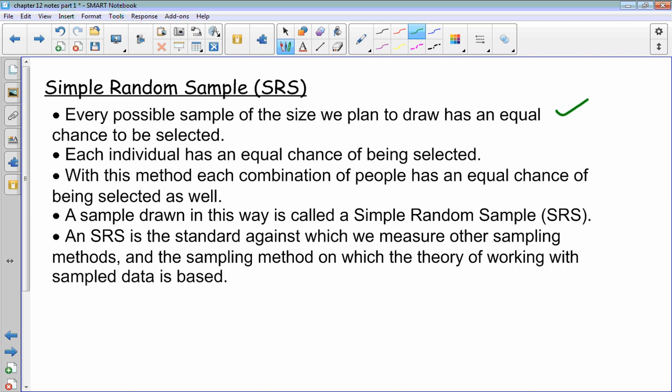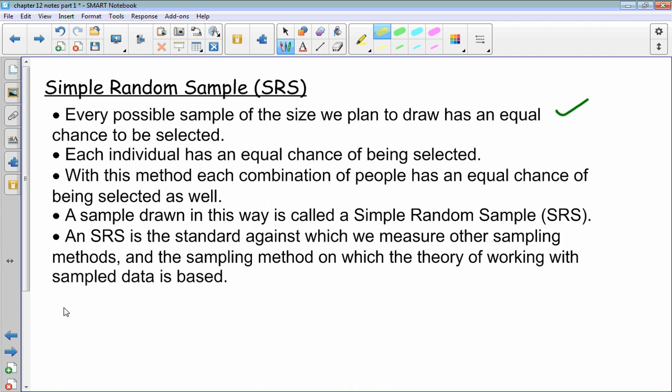In other words, if Nathan takes his 5 and goes back to his desk, when I come to take my 5 out, does every person have an equal chance to be in my sample? Well, the 5 he has definitely won't be in mine, right? So it's not a true SRS. It's as close as we can get, so it's close, but not exactly.